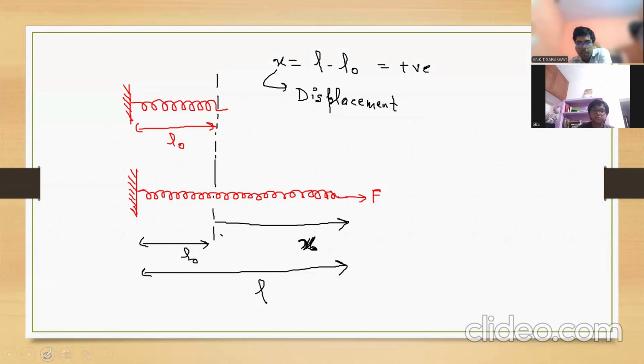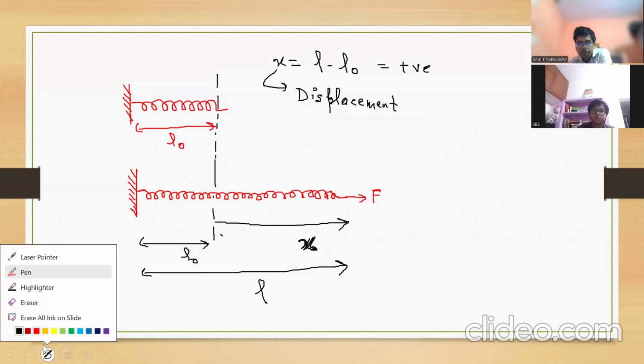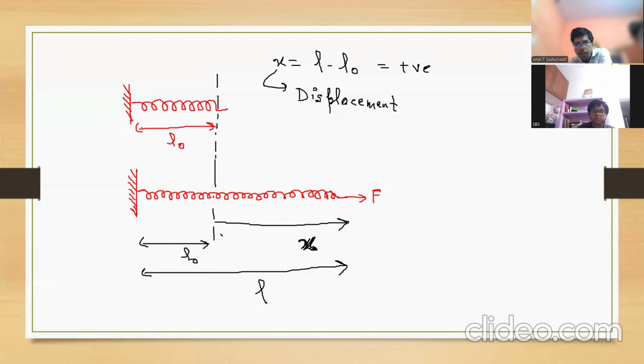In our case, at L naught, this is the natural length. When the spring has natural length, did you see any force acting on that? It is at rest. Rest means it is in equilibrium. Did you see any spring force inside that?